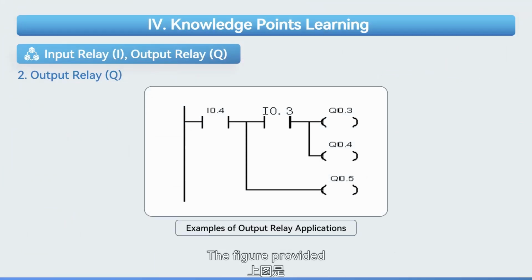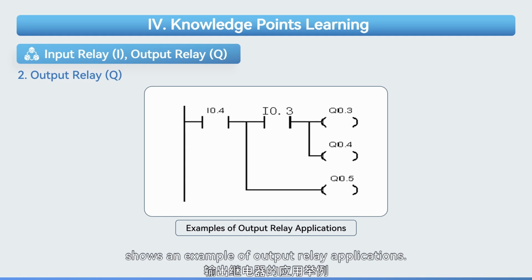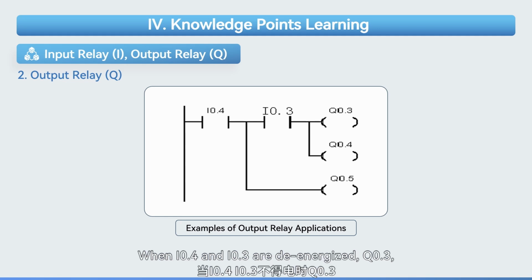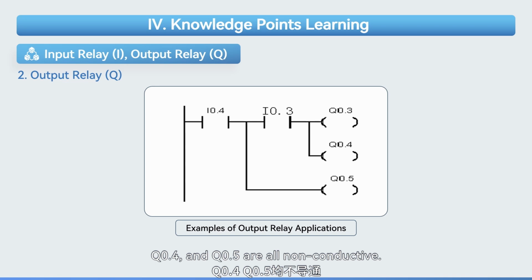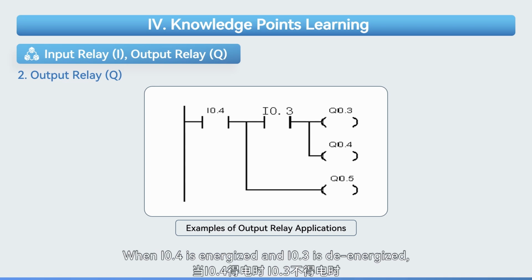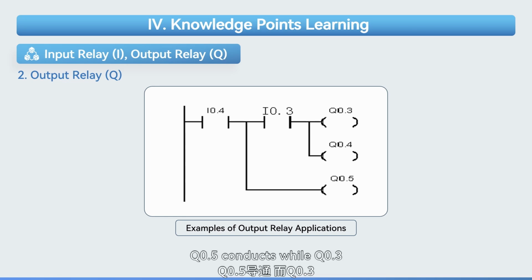The figure provided shows an example of output relay applications. When I0.4 and I0.3 are de-energized, Q0.3, Q0.4, and Q0.5 are all non-conductive. When I0.4 is energized and I0.3 is de-energized, Q0.5 conducts while Q0.3 and Q0.4 do not.